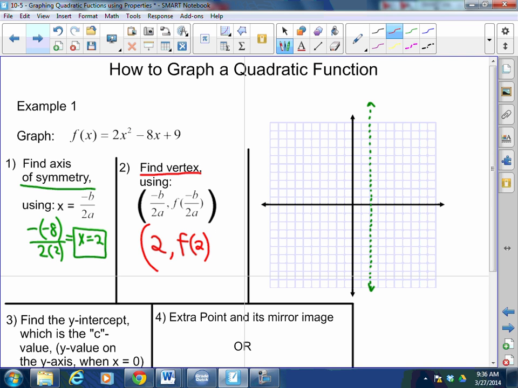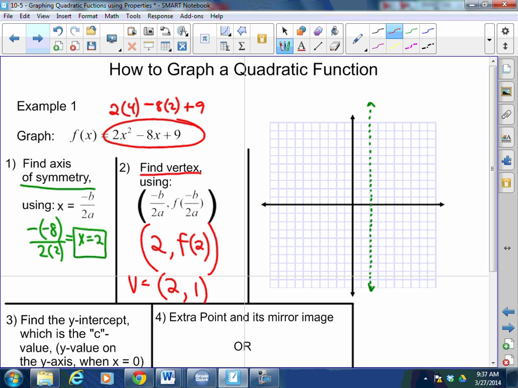I'm just plugging in 2 into the function. So 2 times 2 squared is 4, minus 8 times 2 plus 9. I've got 8 minus 16, which is negative 8, plus 9 is 1. So my vertex equals 2, comma 1.